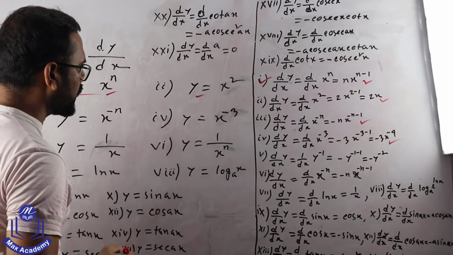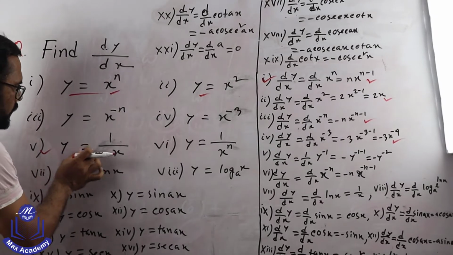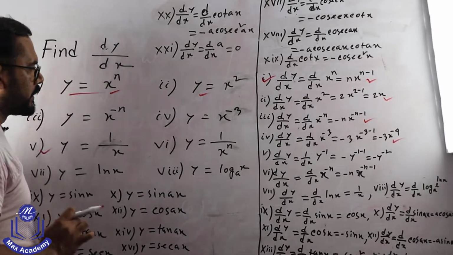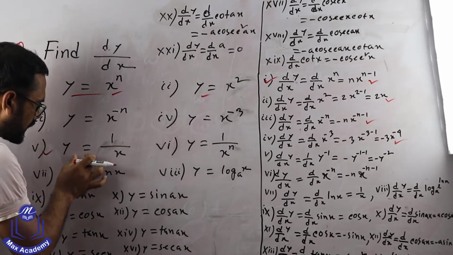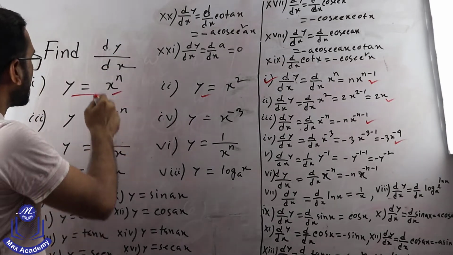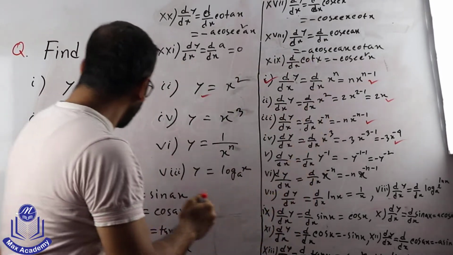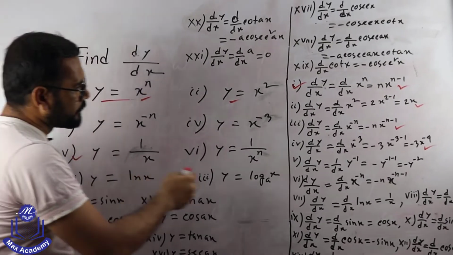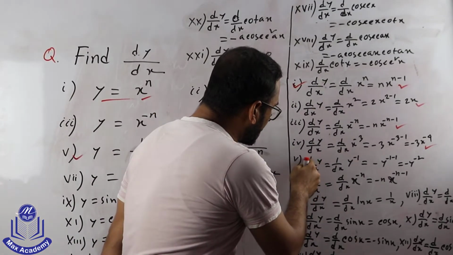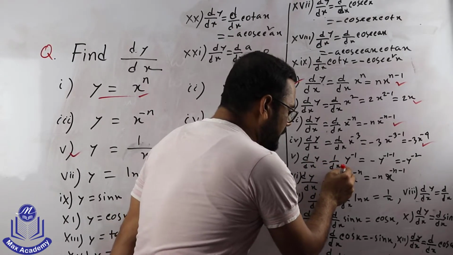Now question number 5. What is given here? Here y is equal to 1 divided by x. So we need to find d/dx of y for this question. Here just have a look, we have done as per the previous one. Take d/dx just before y, and then d/dx also on the other side.